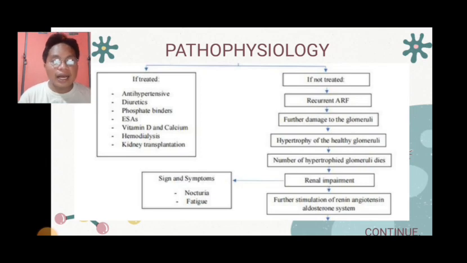Okay, and so of course for the hypertrophy of the healthy glomeruli, it actually refers to the increase in size or enlargement of the glomeruli in the kidneys.